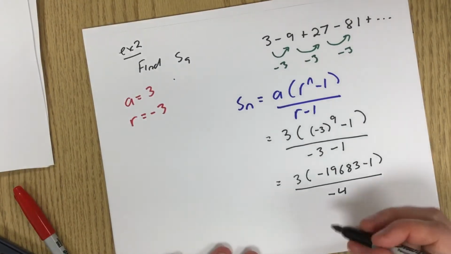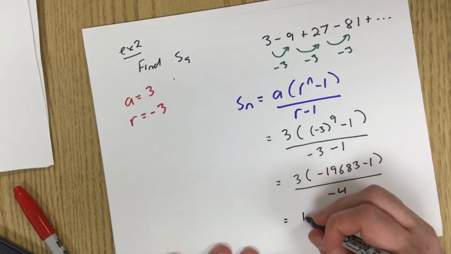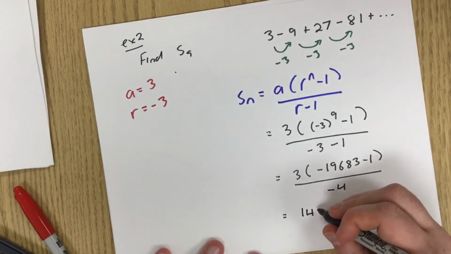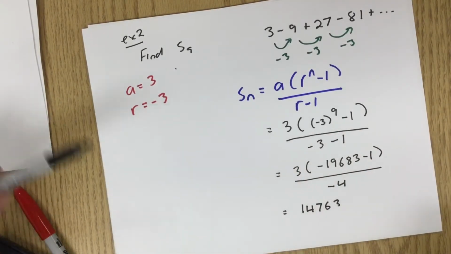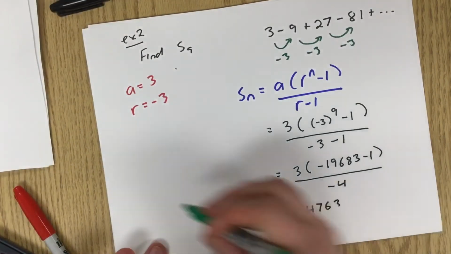And that is going to give us 14,763. It's going to be positive because we're going to have a negative on the top and a negative on the bottom. So it's going to be positive.